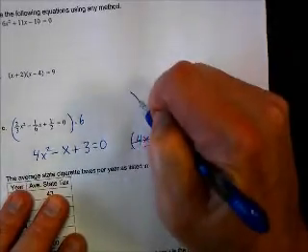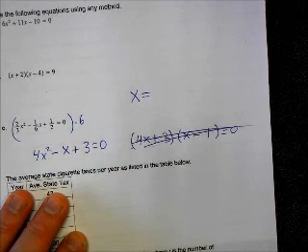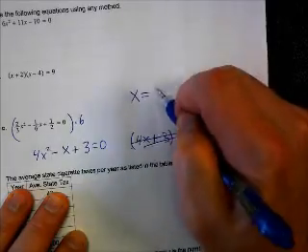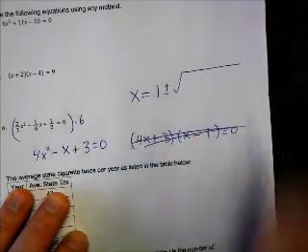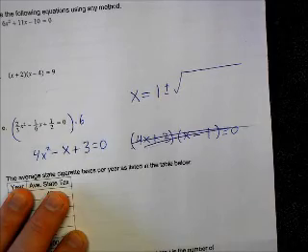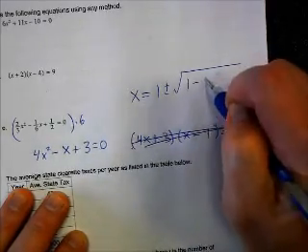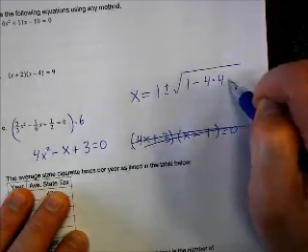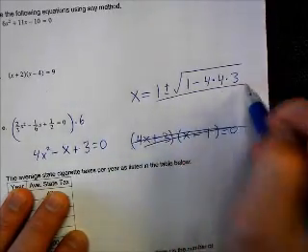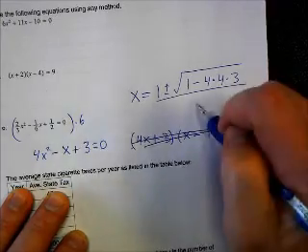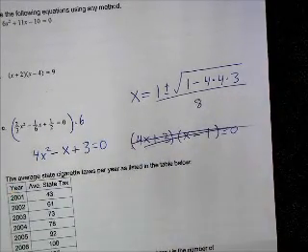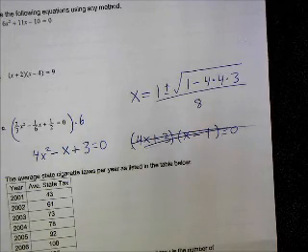All right, so I would have said x equals negative b. How much is negative b? 1, plus or minus the square root of b squared, which is 1, minus 4 times a, which is 4, times c, which is 3, all over 2a, which is 8. 1 minus 4 times 3 is -47.